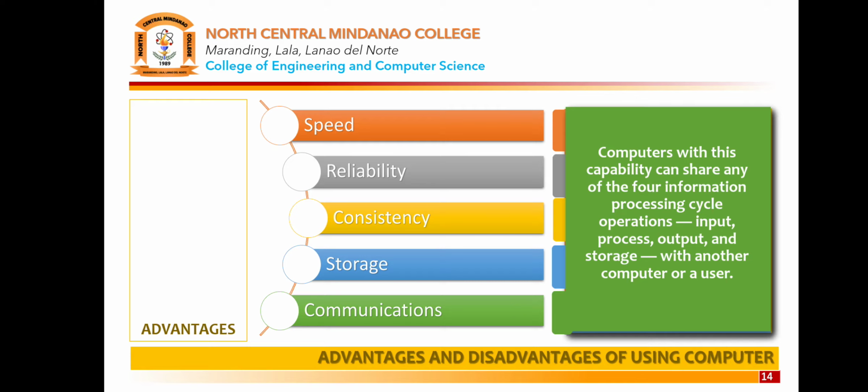Even as you use your mobile device, it goes through this processing cycle operation. The input comes from the user, that is then processed, and that will result in the output, which is the result of the processed input, and it will be stored on the storage of the device.